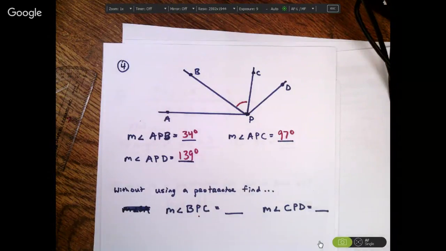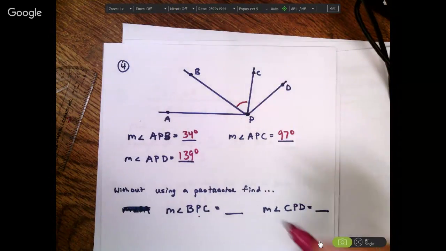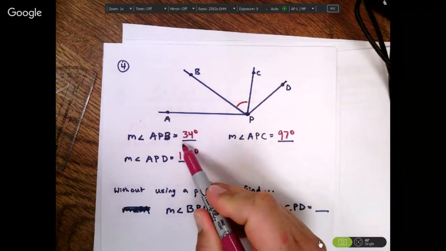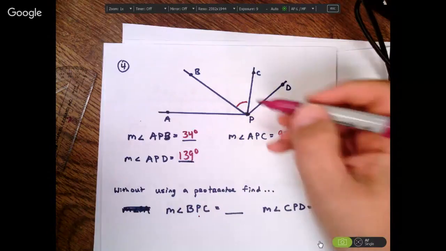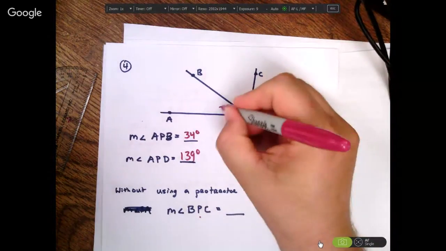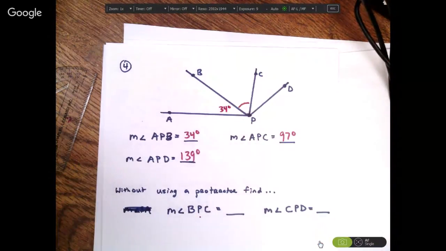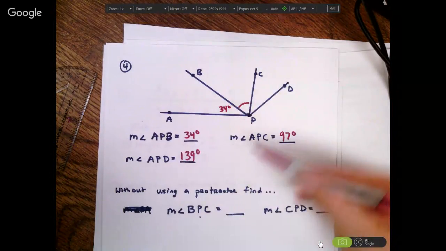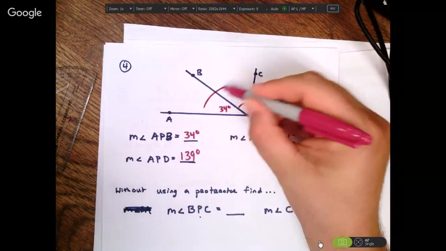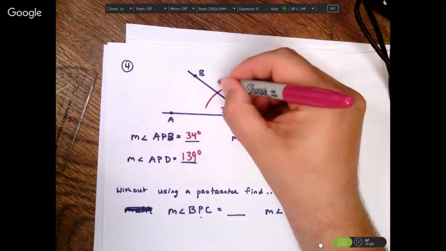Good. So how can I find that? Well, if I look back at what I just did here, angle ABP is 34. Angle APC, which is this large one right here, is 97.